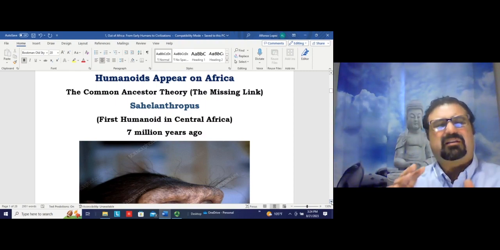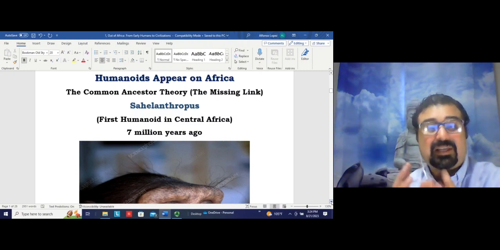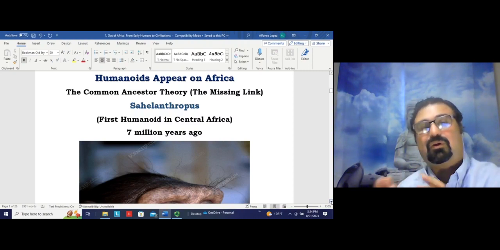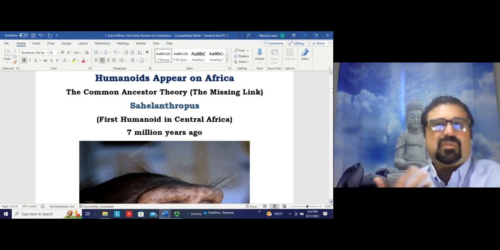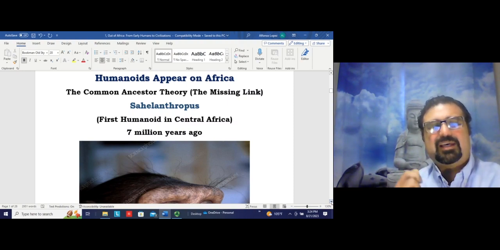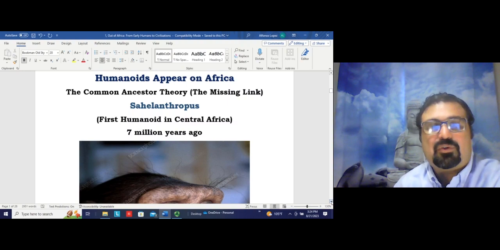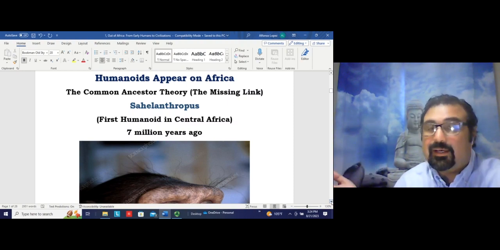That is not to say that that happened, but rather that there is a common ancestor, that we're cousins, we're very closely related genetically, that we share a common ancestor, and we don't know what kind of common ancestor we share. This is called the missing link.